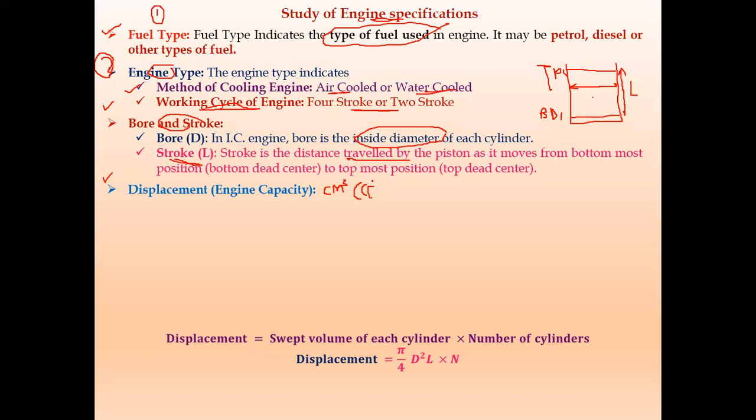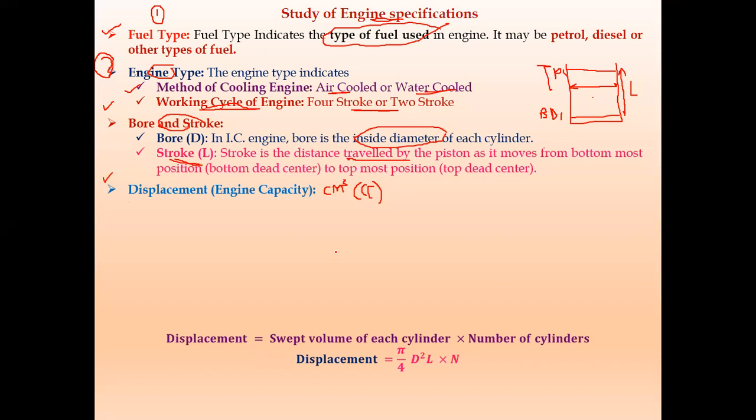The capacity, or displacement, of the engine is based on the cc of the engine, that is the cubic centimeter.